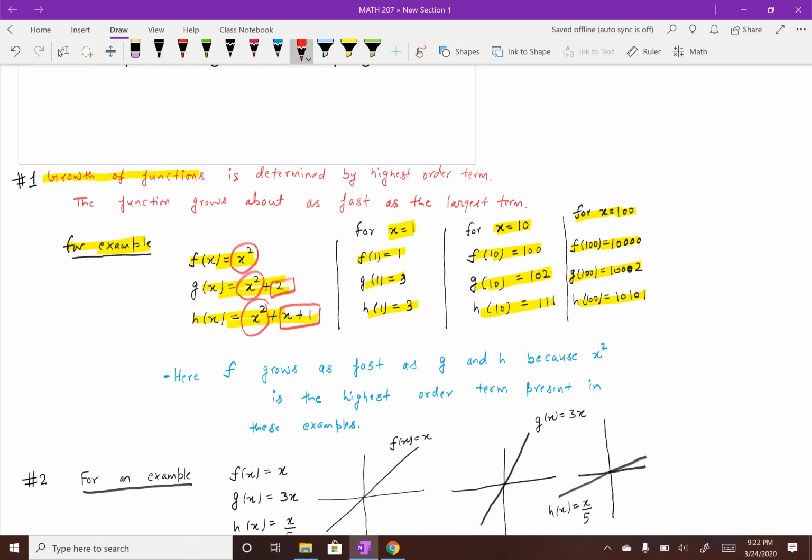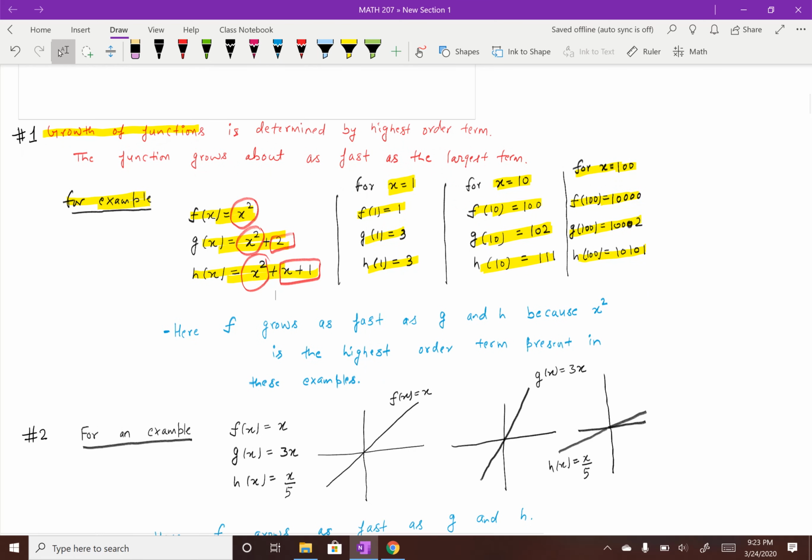So only the highest order term present in any given example is going to dictate the growth of that function. So we saw our first example, example 1, where the lowest order term is not going to play a major role in deciding the growth of that particular function. The growth of the function is always going to be based on the highest order term present in that particular function.